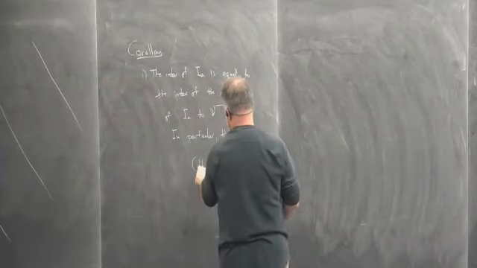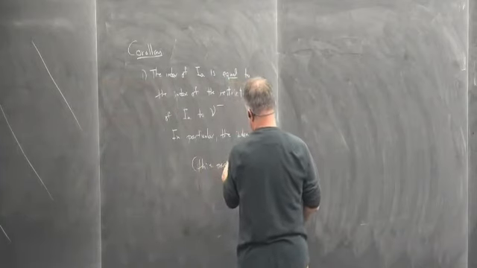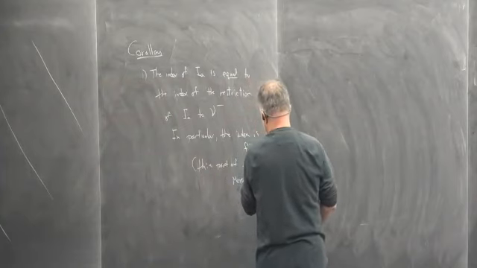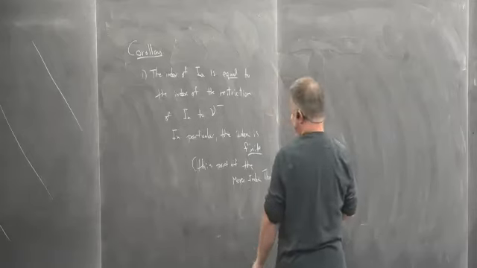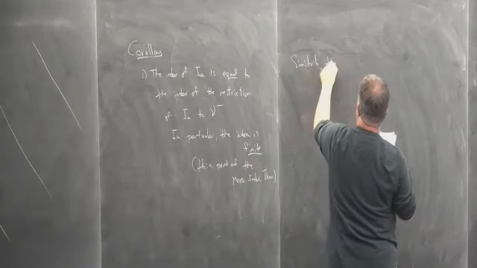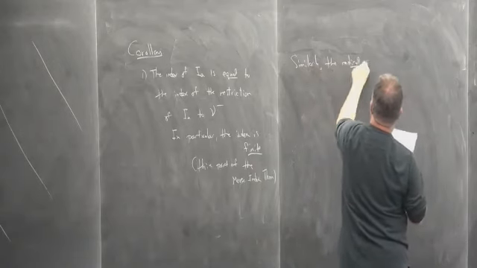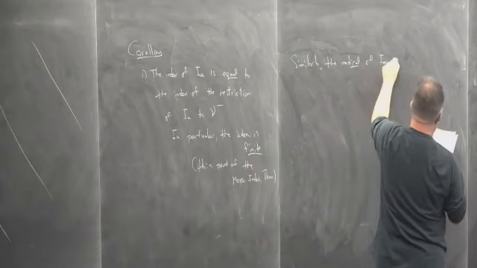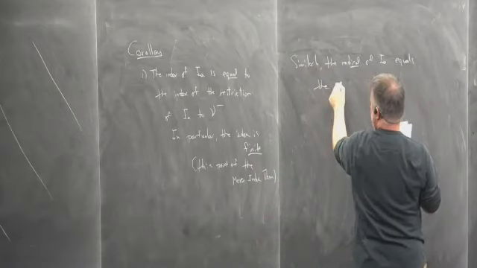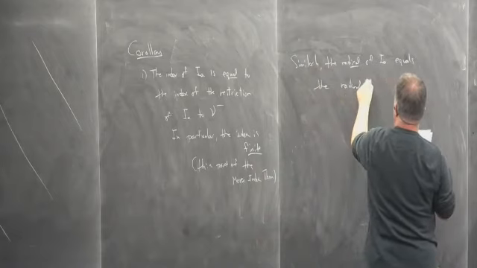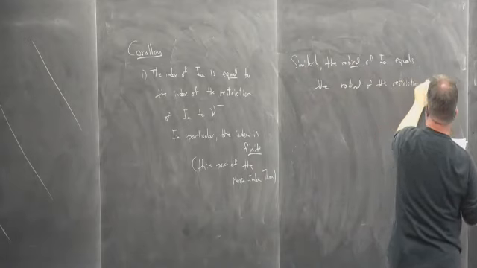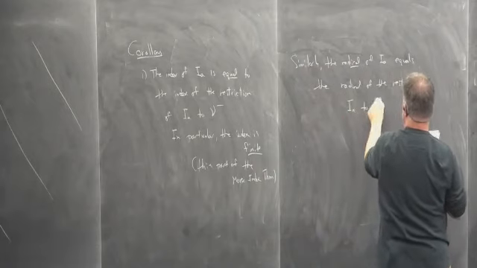Remember, this was part of the Morse index theorem. We've already proved, well, once we finish this corollary, we'll have proved that the index is finite. And what will remain to prove is the value of the index. And similarly, the radical of IA equals the radical of the restriction of IA to V minus.